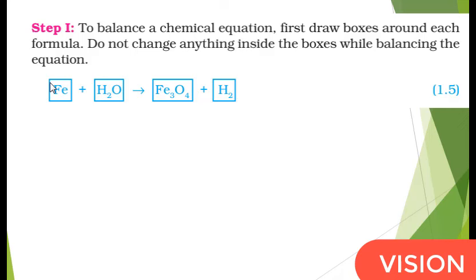Fe is a molecule, H2O is a molecule, Fe3O4 is a molecule, H2 is a molecule. Because there is the law of definite proportion, we can't change it, we can't insert any numbers inside that. So we have to first put boxes for each element in the reactant side and the product side. Reactant side is LHS, product side is RHS.